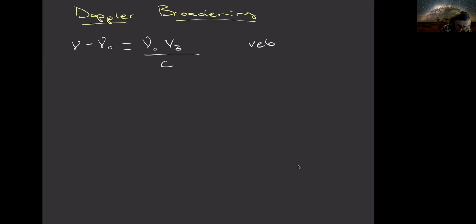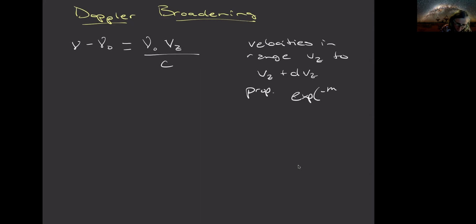So for velocities in the range Vz to Vz plus dVz, the probability is proportional to the exponential of the mass of the atom over the temperature.